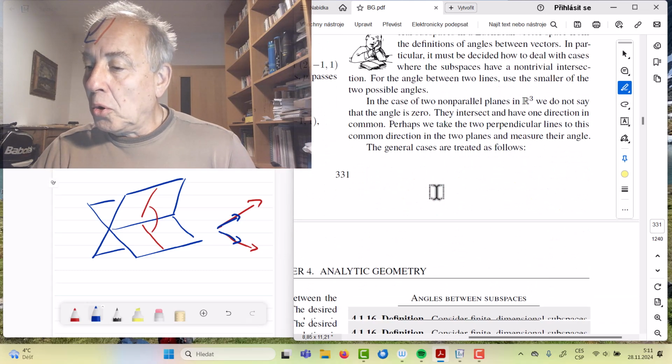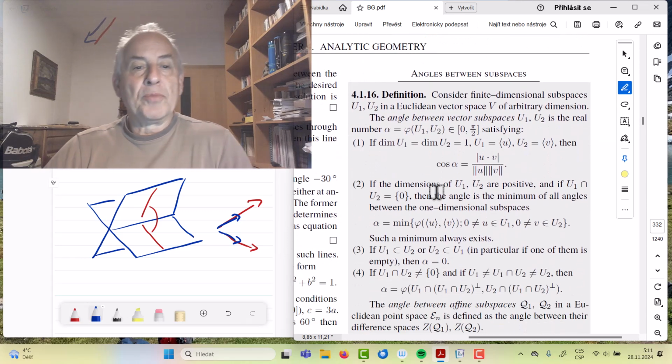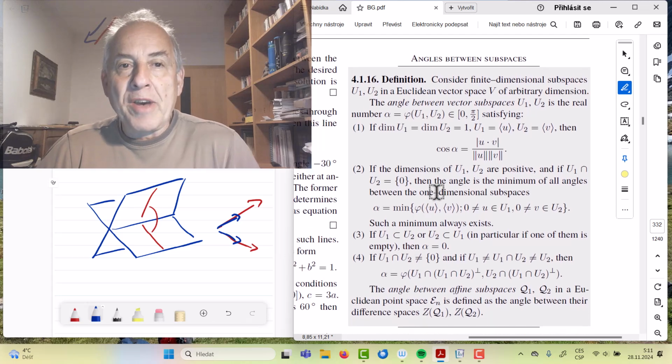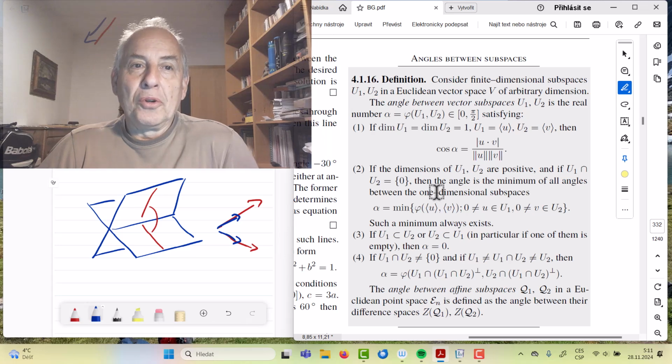So this is all okay, but now what about the subspaces? If we deal with subspaces, it gets a bit more fancy or ugly or whatever you would call it.